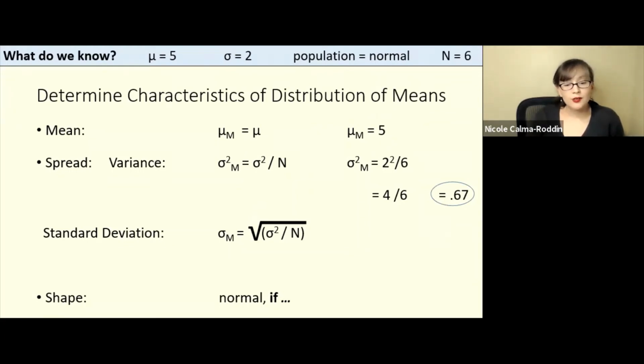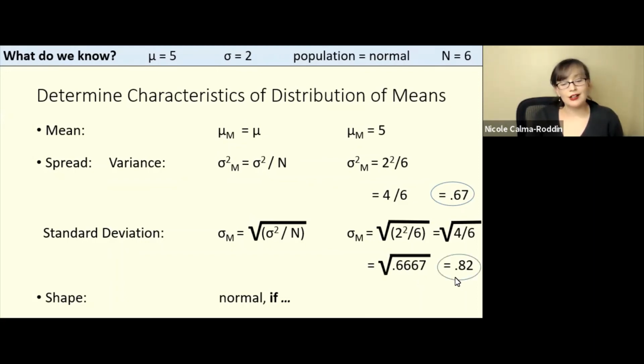To get our standard deviation, we can take this answer, 0.67, and take the square root, and we get 0.82. And we know that our population distribution is normally shaped, and so our shape for our distribution of means will also be normal.